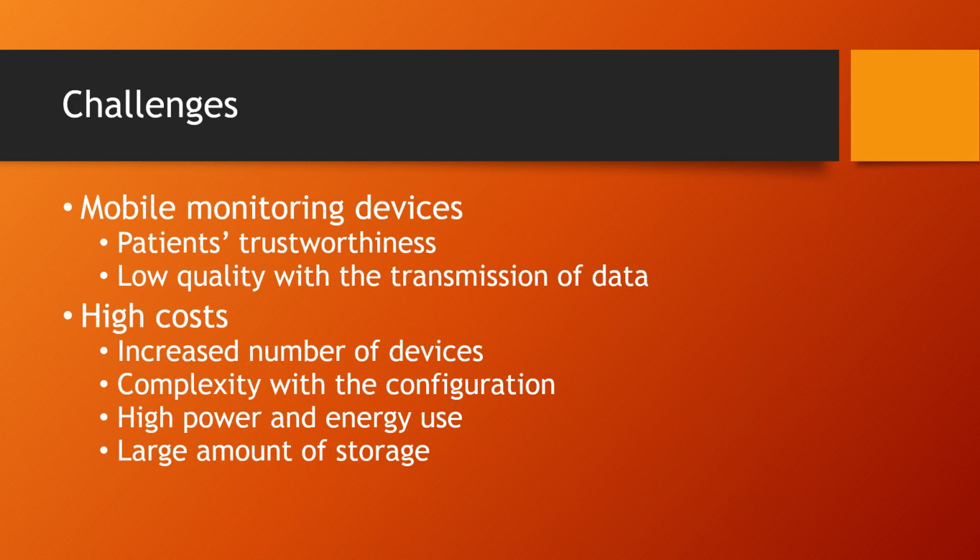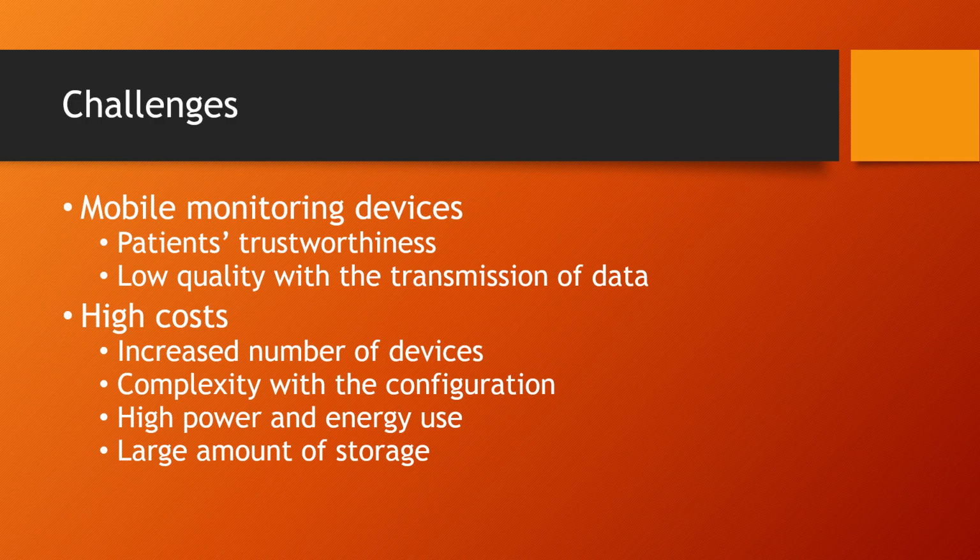Some challenges with IoT and healthcare. There are mobile monitoring devices, and this can cause an issue because healthcare professionals have to have a level of trust that the patients will wear these devices while they're home.